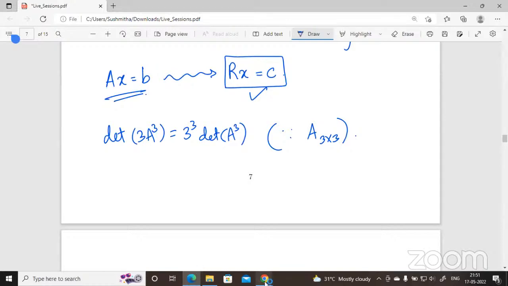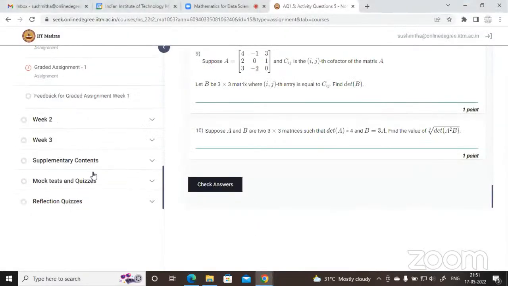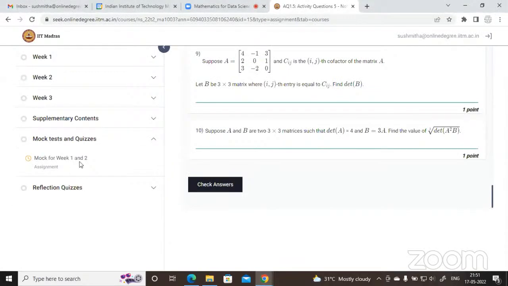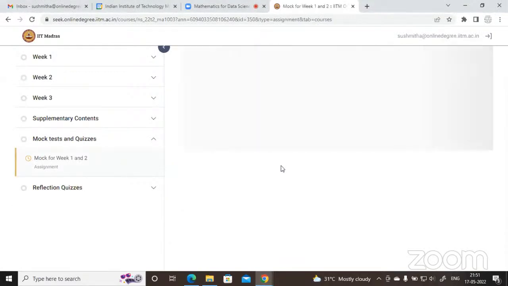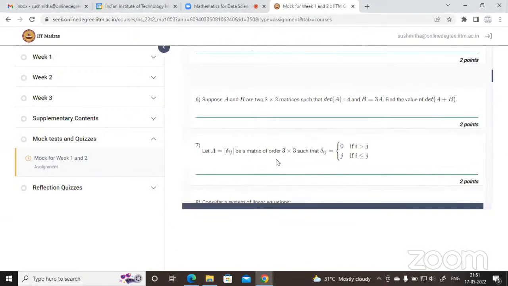Similar to that, there is a question on the mock, question number 6. I think I am getting a wrong answer in that. This was discussed on discourse; I had answered it there. So whatever we are getting, 256 is correct.